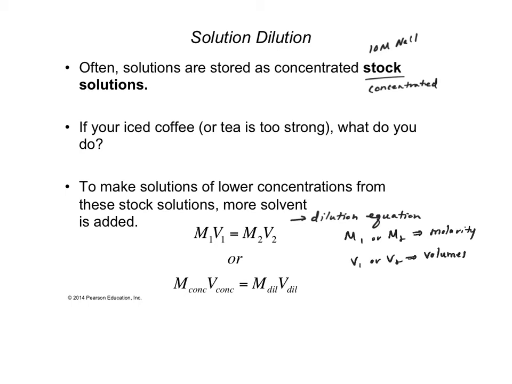This can also be defined as molarity concentrated times volume concentrated equals molarity dilute times volume dilute. Or another way you'll see it is C1V1 = C2V2. The C's and the M's just replace one another, because we're dealing with molarity frequently in chemistry.